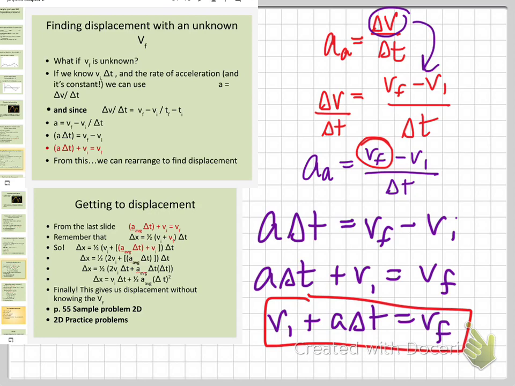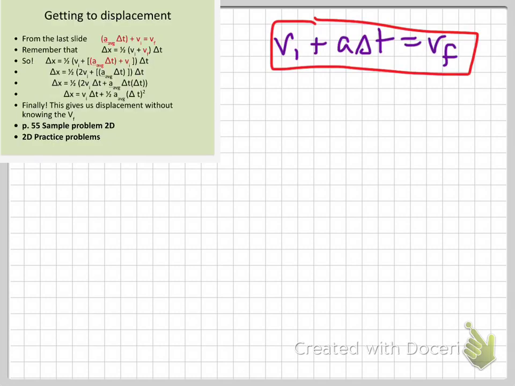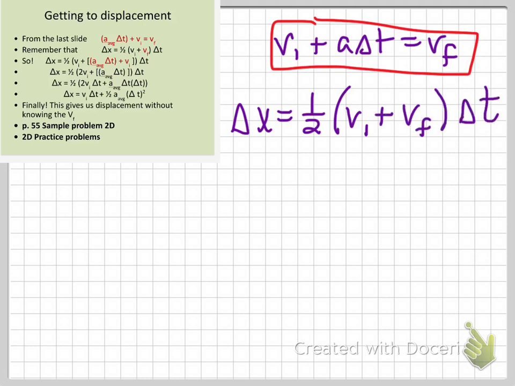We're going to use this. I'm going to copy this. I'm actually going to go to the next slide with it. With that expression for VF, and in the first slide, we derived this: delta X equals 1/2 (VI plus VF) times delta T.